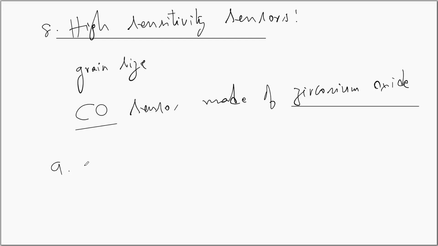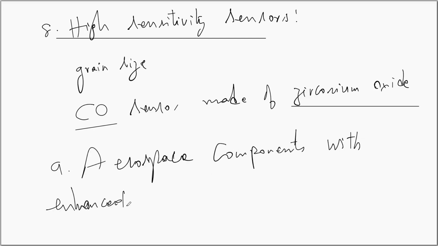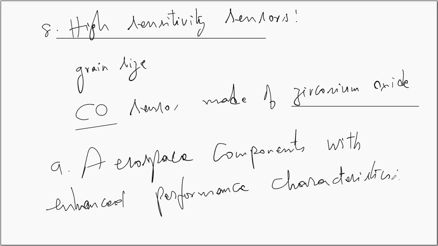Aerospace components with enhanced performance characteristics. The aerospace components made from nanomaterials can enhance the performance of the components and the desired characteristics of the components. The nanomaterials are also used as sunscreen.